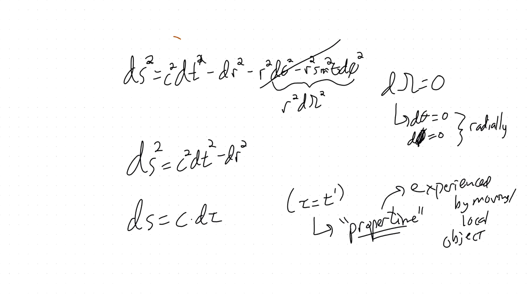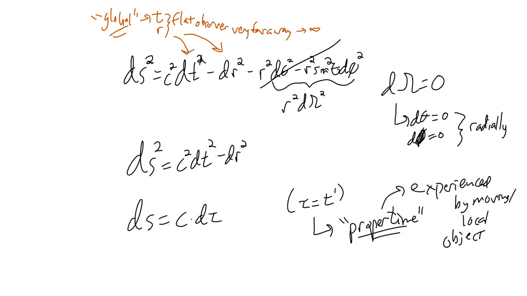T and R are what I call global. I don't know if that's an official term, but T and R is time and space measurement if you assume a flat observer, or an observer in flat space-time very far away, at infinity, which means you want no disturbances.